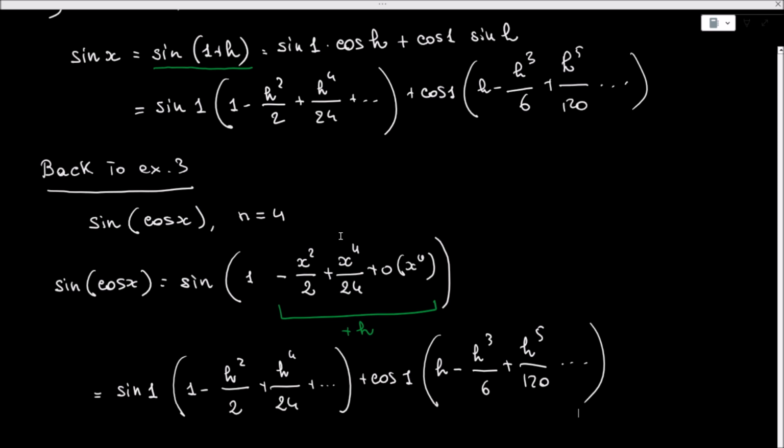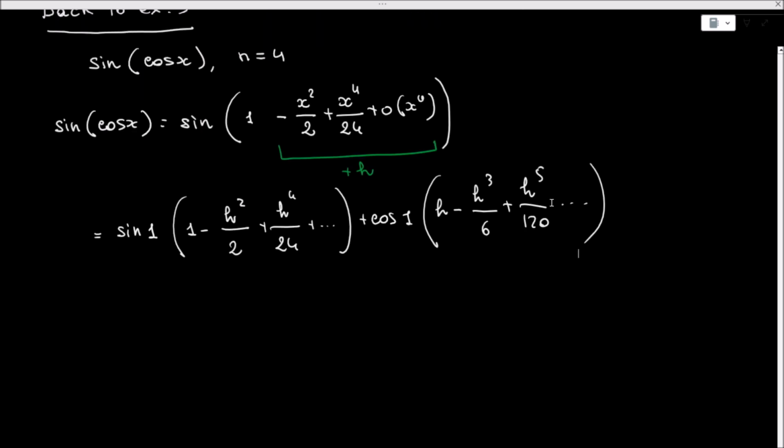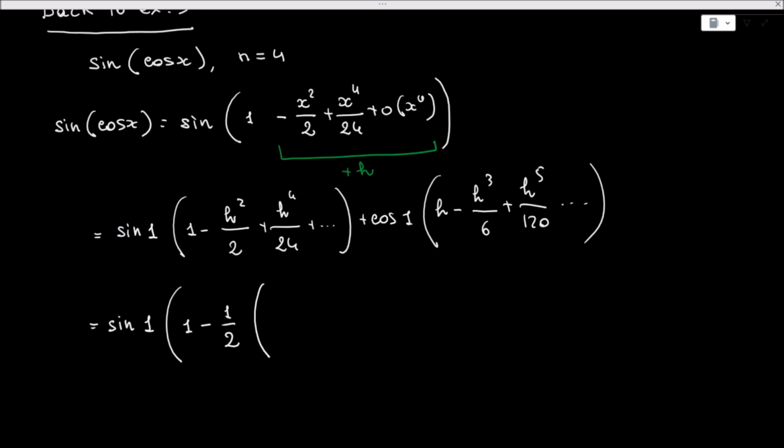Okay, so now we need to replace h with this expression. So what we have is sine of 1 times 1 minus 1 half. Well, we need to consider now h, which is minus x squared divided by 2 plus x to the 4th divided by 24 plus little o of x to the 4, all this squared, right?